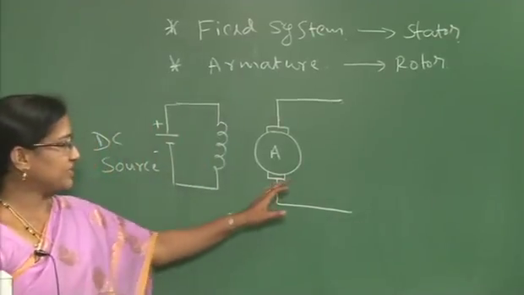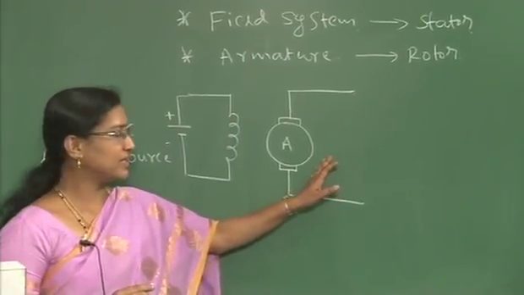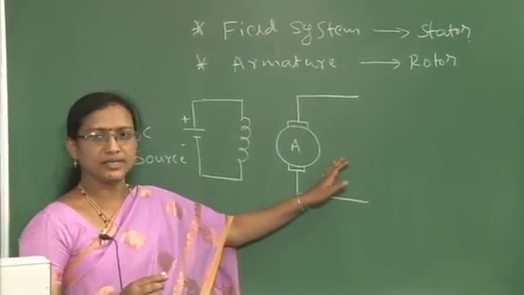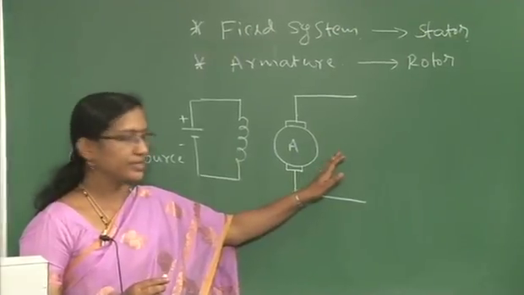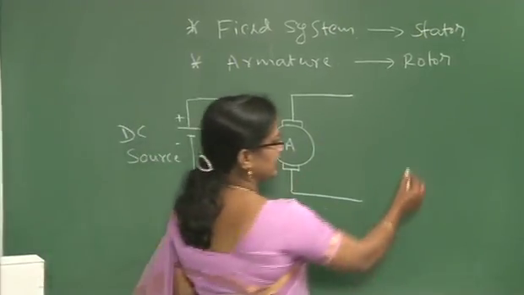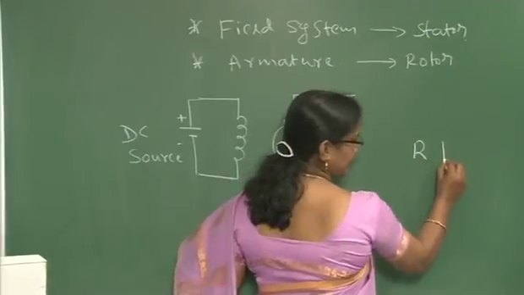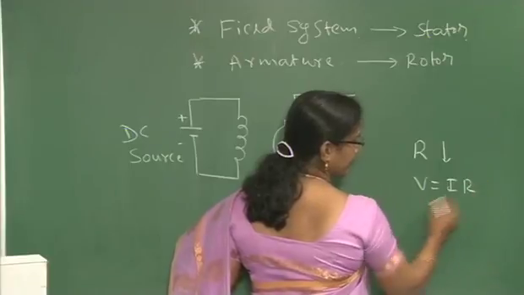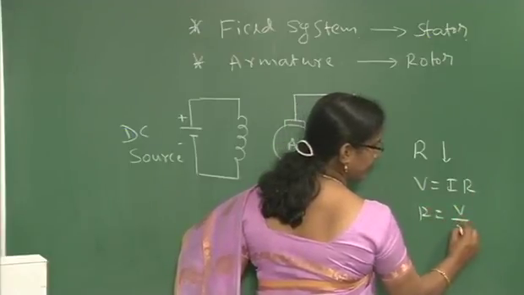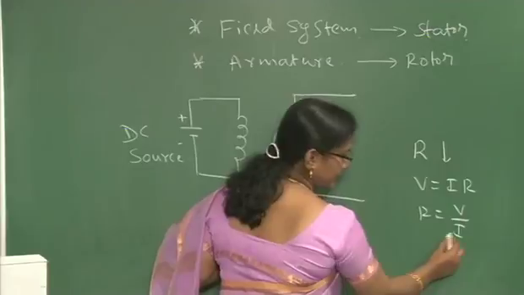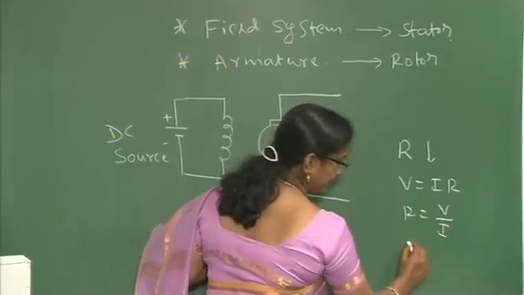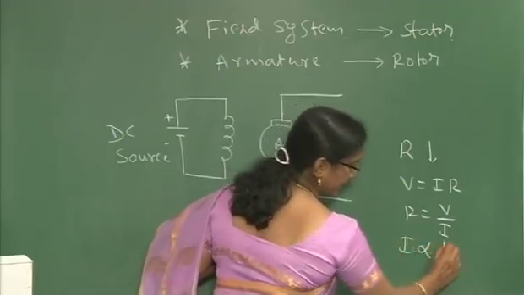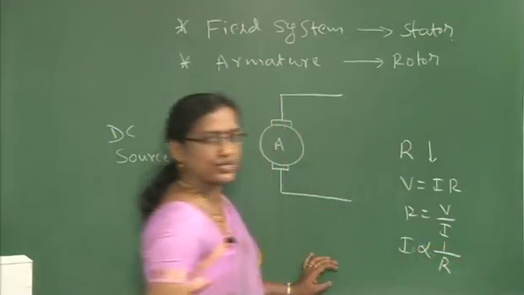We know that the armature has conductors. Since there are conductors, it should follow the property of a conductor, that is, it has to allow the current to flow in it. In the conductor the resistance is very low, because we know that V is equal to IR, so R is equal to V by I. When you consider this relationship between resistance and current, they are inversely proportional.